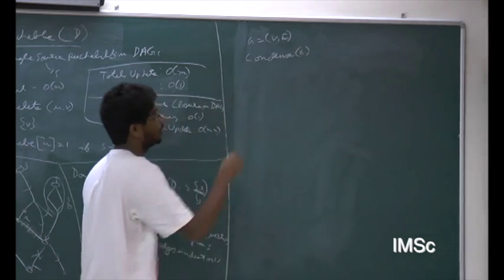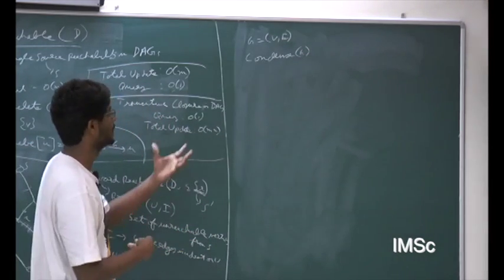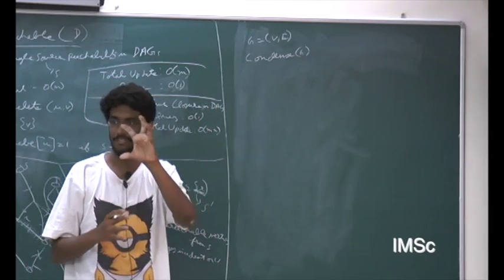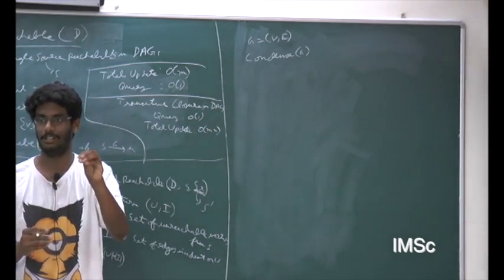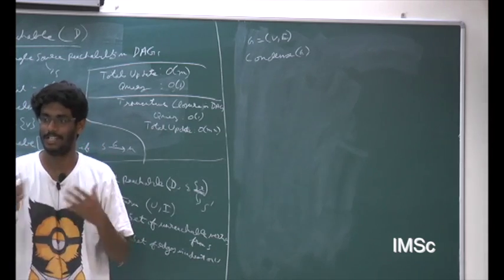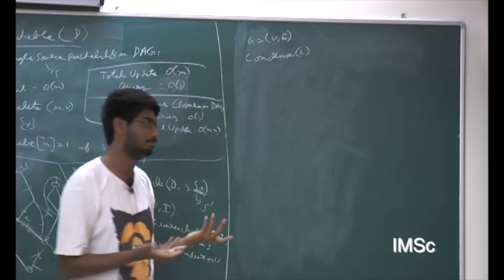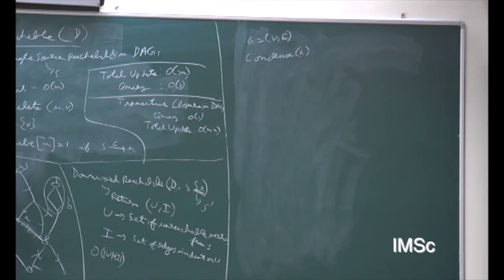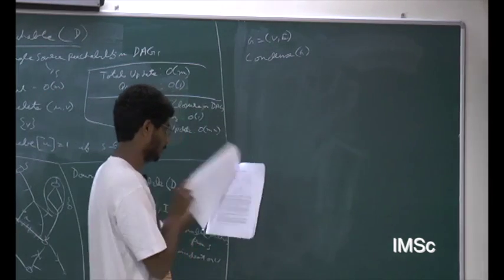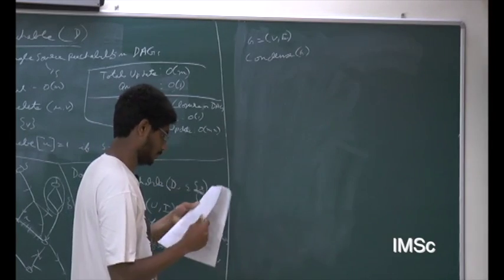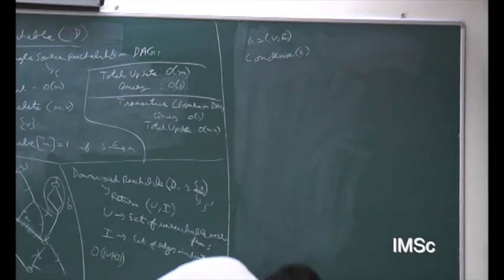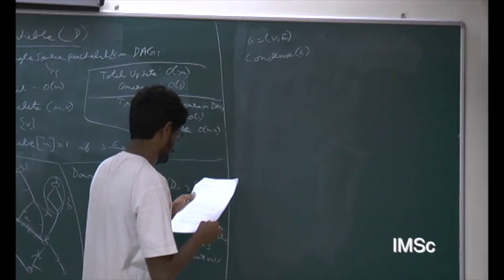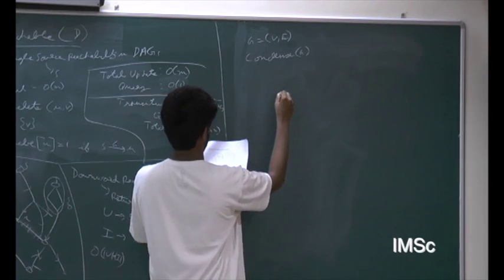Condense of G is a new graph, which is: take the SCC decomposition of G, take every SCC, condense it into one vertex, and that forms a DAG. That DAG is the condense graph of G. There'll be some somewhat non-trivial examples, so I'll draw a diagram for this. Bear with me for some 5 minutes.